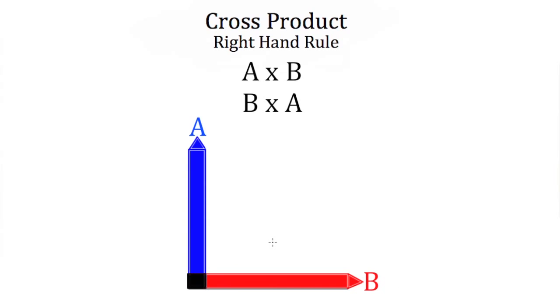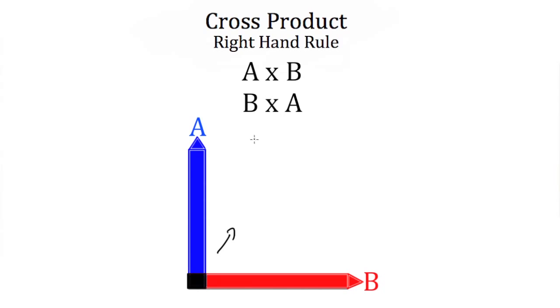I put the pointer finger on my right hand in the direction of A. I put the rest of my fingers in the direction of B, and my thumb should be pointing directly into the screen. So the vector that we get when we cross A with B is a vector that's going directly into the screen.